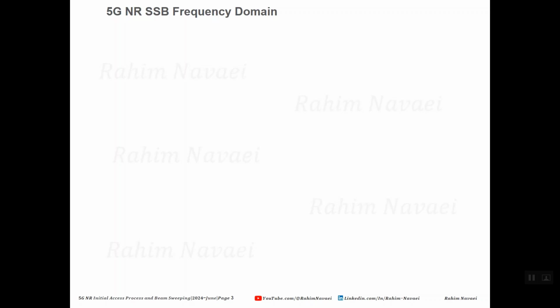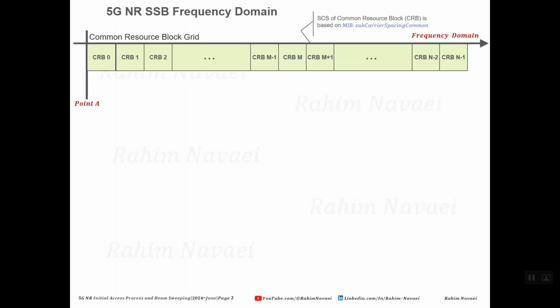Here, I'll try to show you a diagram for more clarification. The common resource grid is created based on the subcarrier spacing extracted from the MIB and the transmission bandwidth of the channel, which is obtained from SIB1.